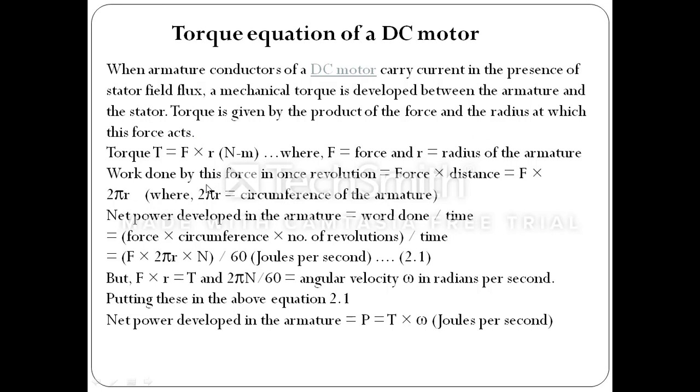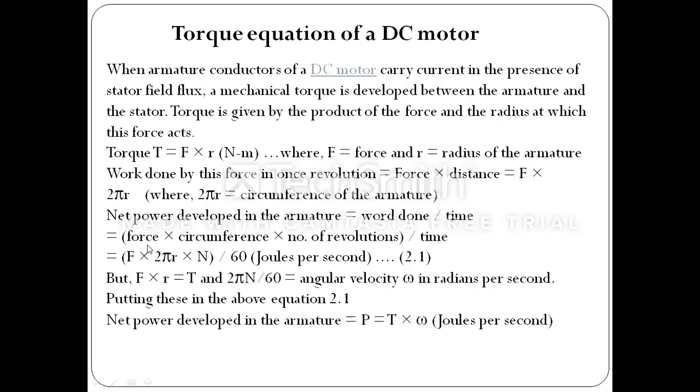Now, the work done by this force in one revolution is equal to force into distance. So force into 2 pi R, where 2 pi R is equal to the circumference of the armature. Now, the net power developed in the armature is equal to work done per unit time, that is work done divided by time, and work done is equal to force into circumference into number of revolutions with respect to time.